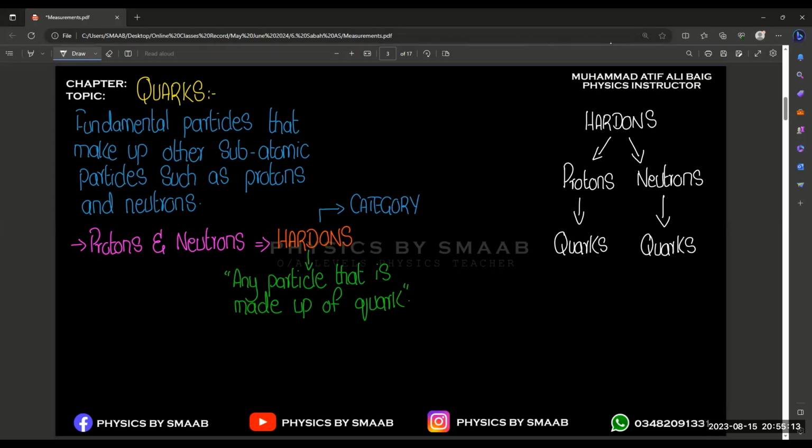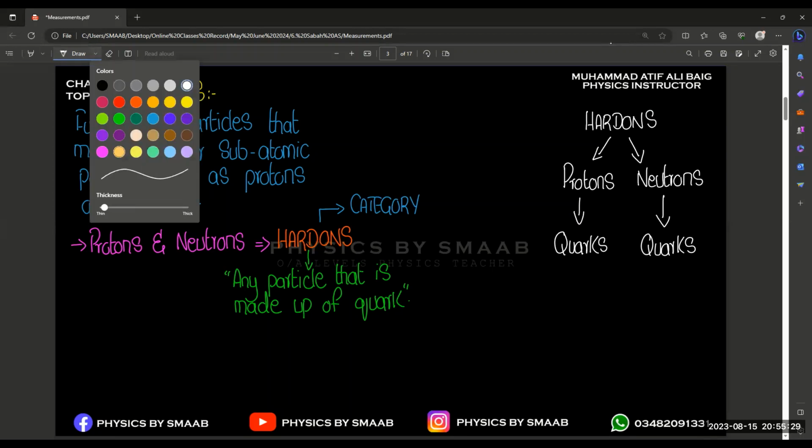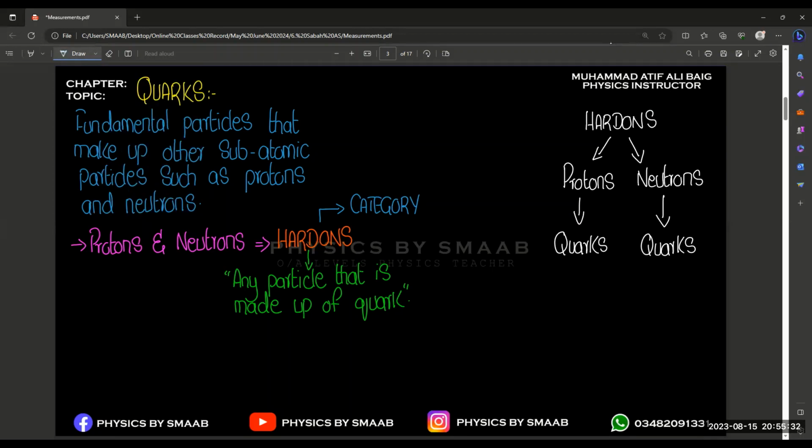Now the next step is to discuss what type of quarks make a proton and what type of quarks make a neutron. So this is a branch-like structure, right? Hadrons is the main category, and in hadrons we have a different range. The next step is to know about the different quarks, so we complete this chain after quarks, seeing what type of quark combines to make a proton and a neutron. Okay, any confusion?